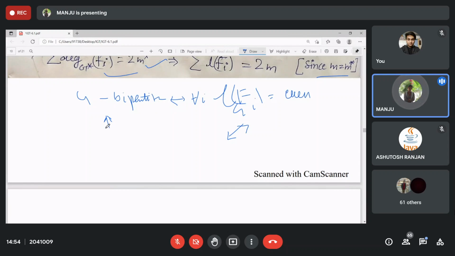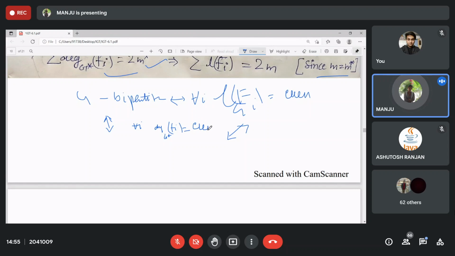G is bipartite, the length is even, then the faces become vertices and this length becomes degree, and the degree of the corresponding vertex for all i in G star becomes even, right? It will be corresponding to this one. If for F1 it is 2, then for the F1 vertex the degree will be 2, right? So it's even, not only 2.